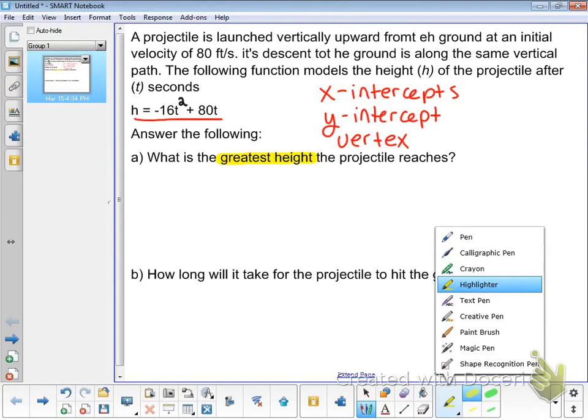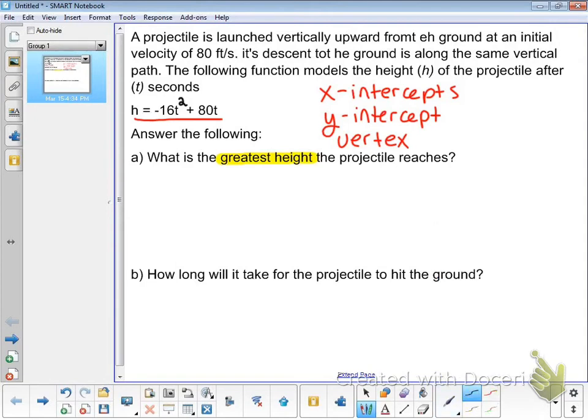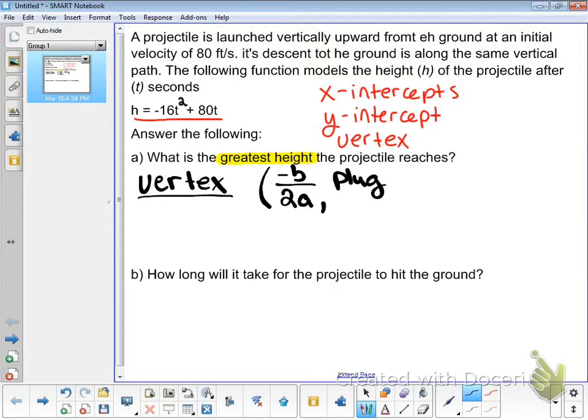When we talk about the greatest height in a quadratic function, we're looking for the vertex. So you have to figure out how to find the vertex. I gave you the information you need to find the x value of the vertex: you do the opposite of b divided by 2a, and then you plug that into the equation.